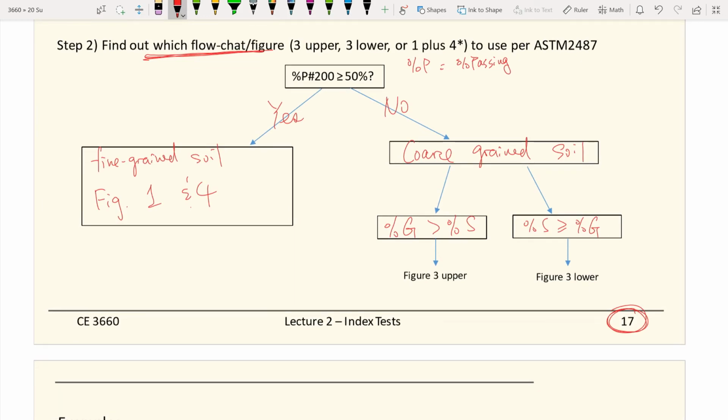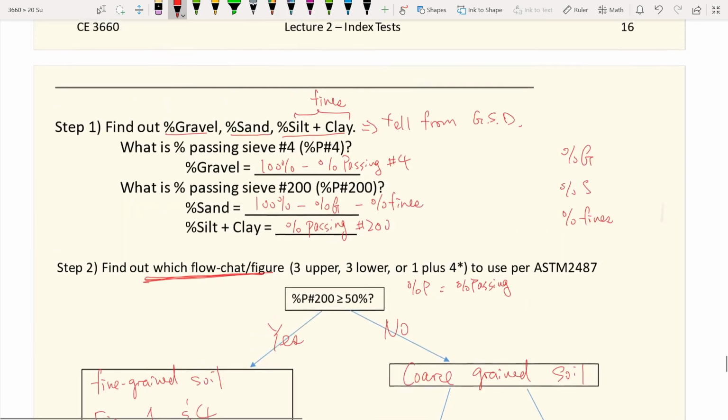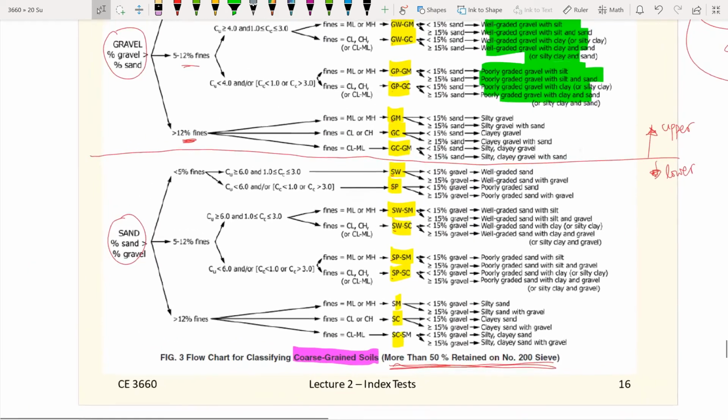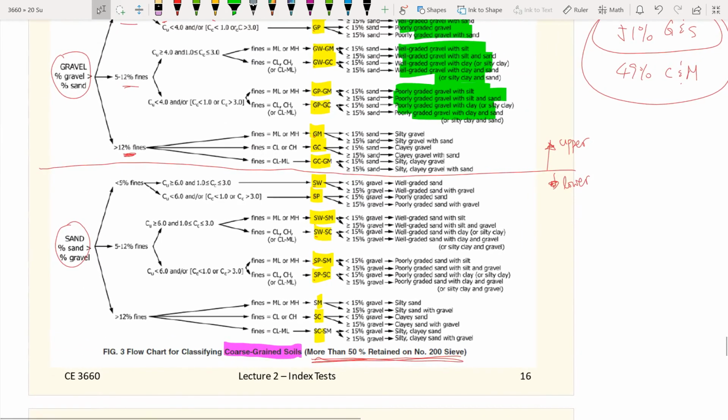We are a coarse-grained material. For coarse-grained material, the next question is: do we have more gravel or more sand? In this case, percent sand is greater than percent gravel. So according to ASTM standard, we should use figure 3, the lower chart, which is here.